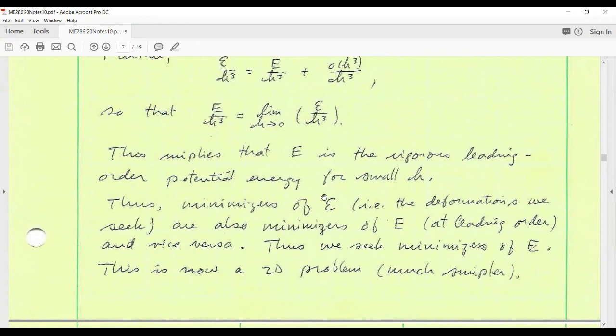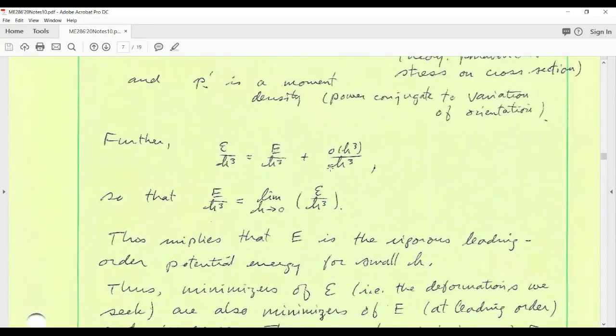So we can achieve our task, which is to find the deformation that minimizes the actual three-dimensional potential energy, to a high degree of accuracy by minimizing the two-dimensional potential energy that we've just derived. So minimizers of the actual energy and the approximate energy coincide in the limit of small thickness.